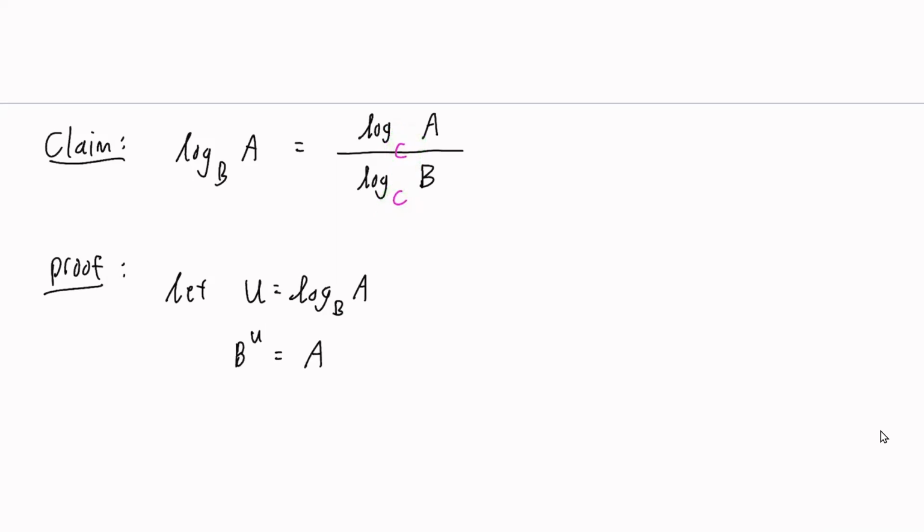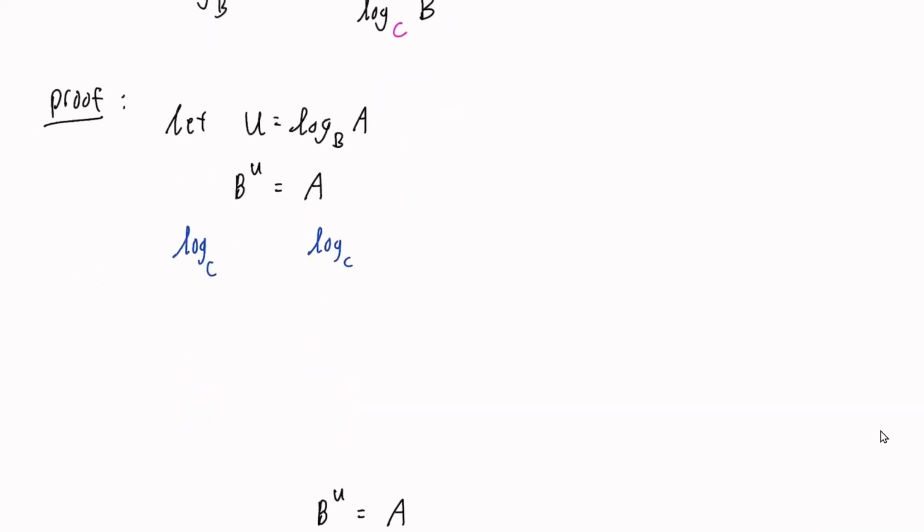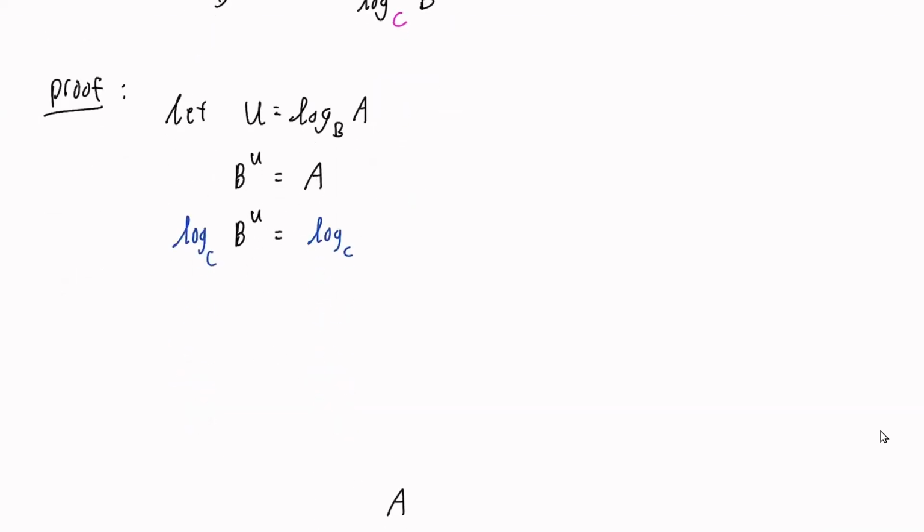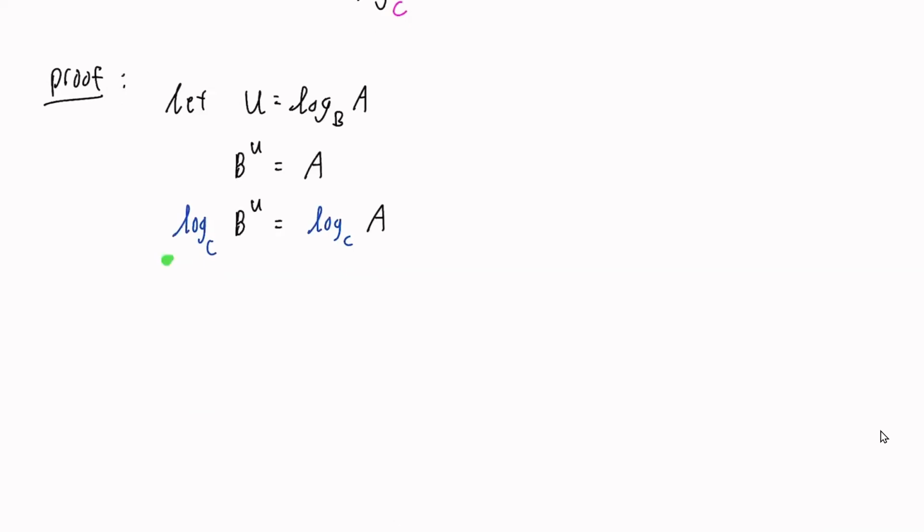So what can I do to both sides of this equation? I can actually just take log base c on both sides of the equation. Okay, so I'll get something like this. Is that clear? Okay. Then just now I already proved power rule, right? So I can safely use whatever I proved just now. The u can bring down. Then I'll be left with u multiplied by log b base c. Right hand side doesn't change.